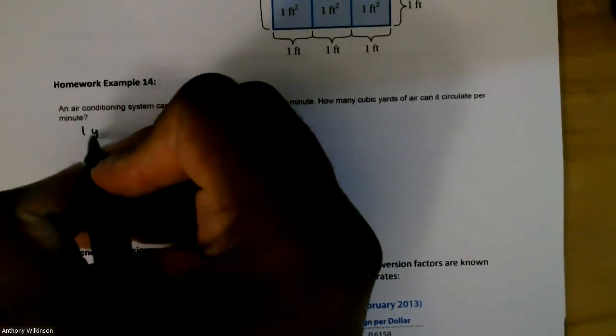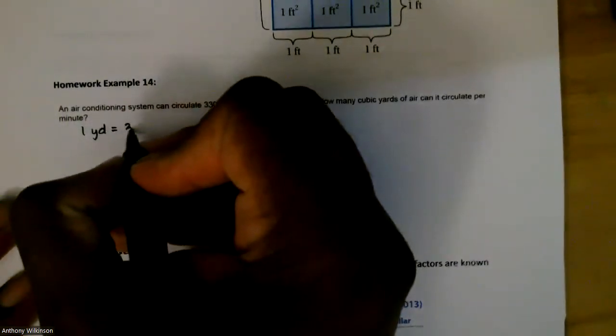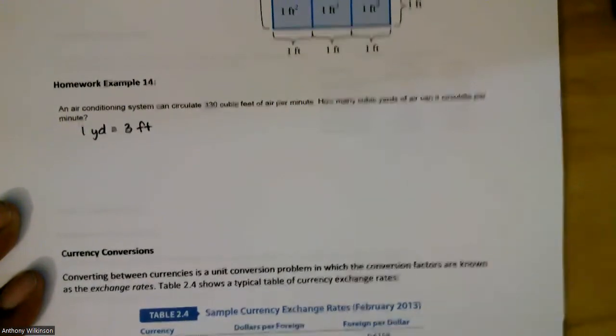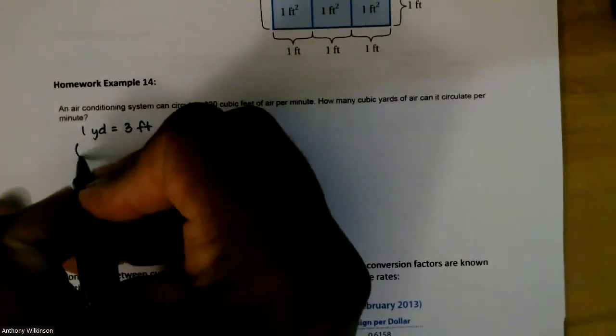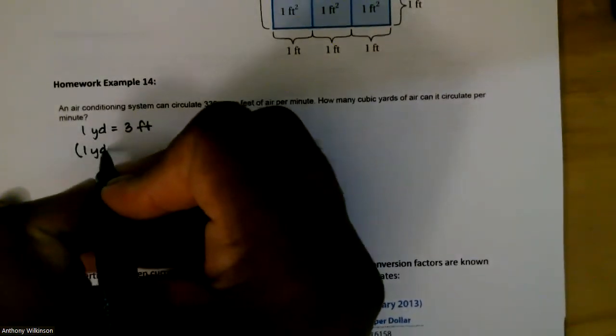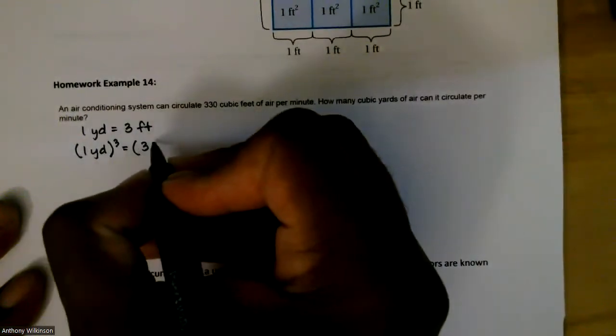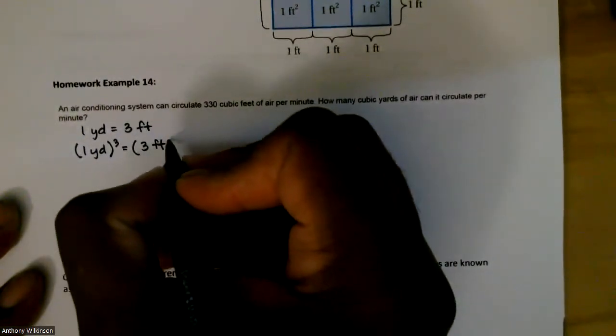We already discussed that. Now we're dealing with cubic feet. Now, what I'm going to do here is cube both sides of this equation to get this in cubic yards.